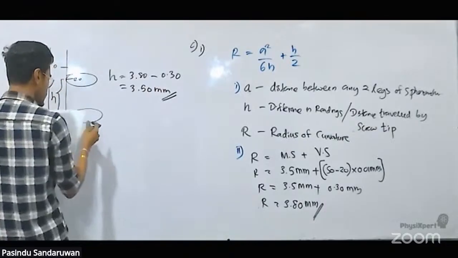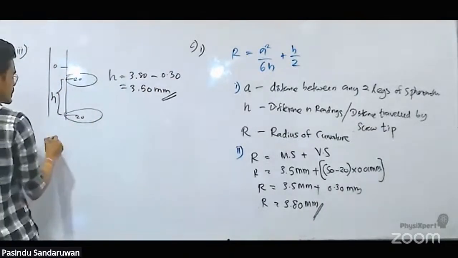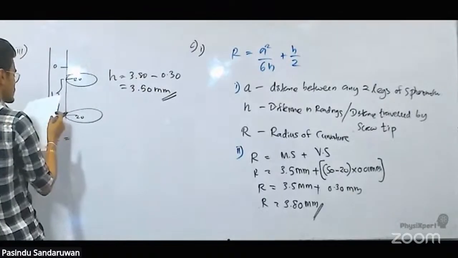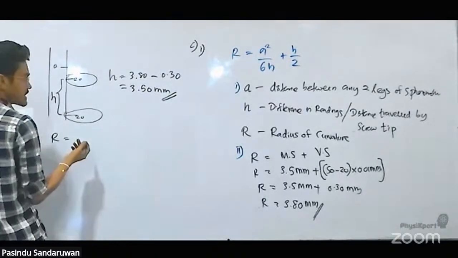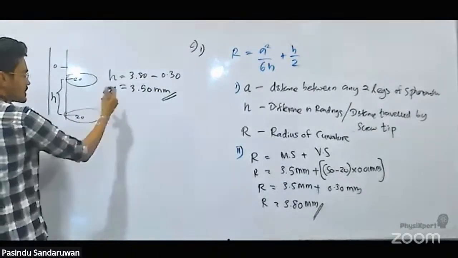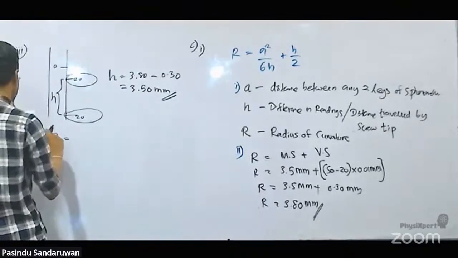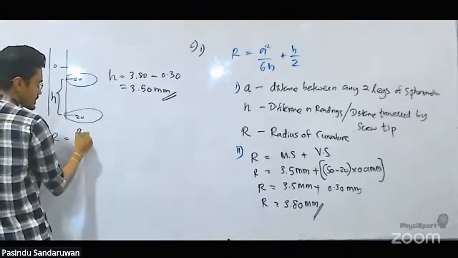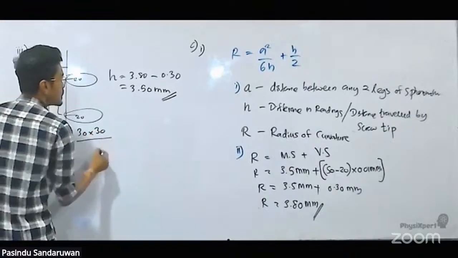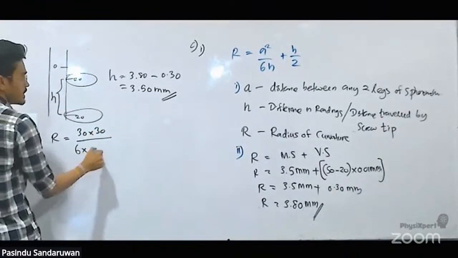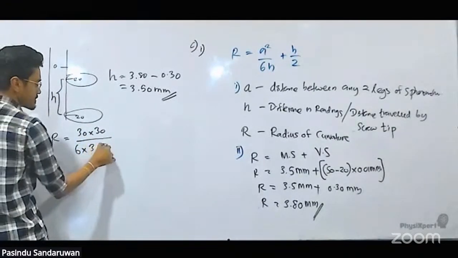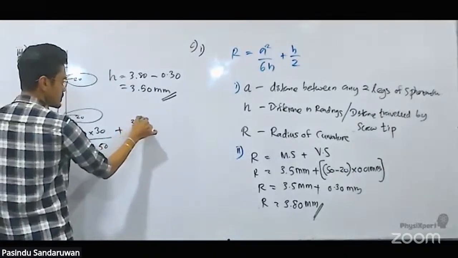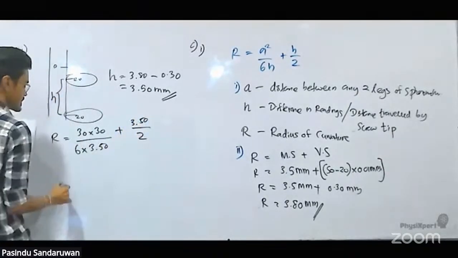Now plug in the equation. Radius of curvature equals A squared over 6h plus h over 2. A is given as 3 centimeters. I'm going to convert all the values to millimeters, so 30 millimeters now. Then this is 30 times 30 over 6 times 3.50, plus 3.50 over 2. This is a simplification.